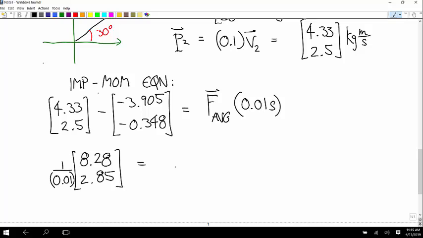And this is equal to average net force. And so that's 828 newtons in the x direction and 285 newtons in the y direction.